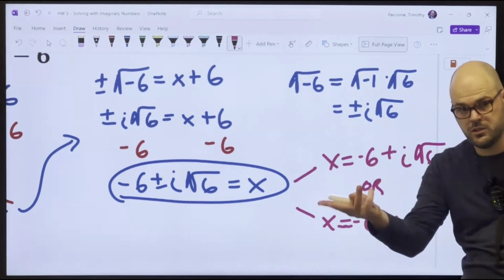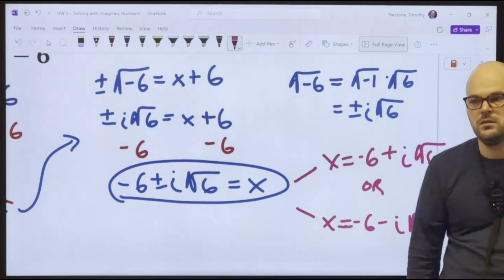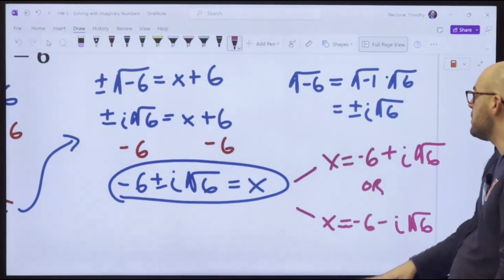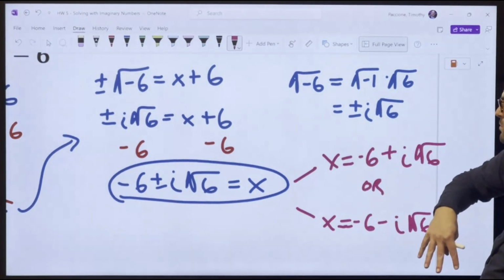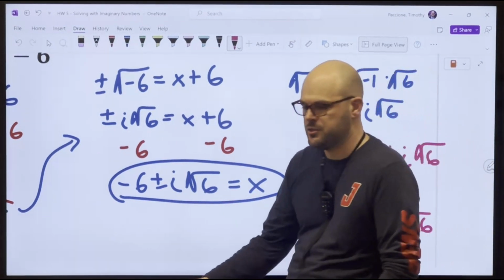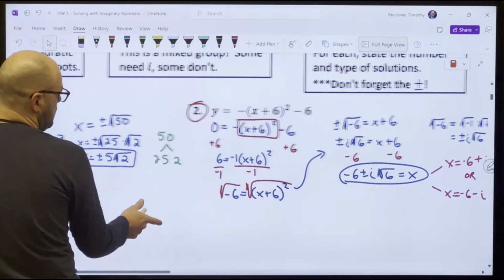It's two different solutions, right? And what type of solutions are they? Imaginary, right? They have the i for imaginary, right? So that is, how many x-intercepts do we have? None, right? Because I got imaginary solutions. Okay.